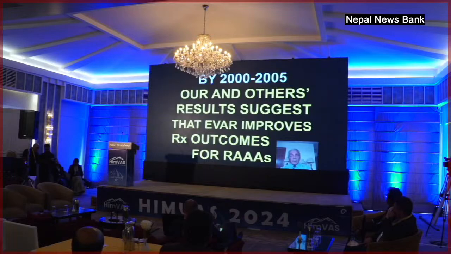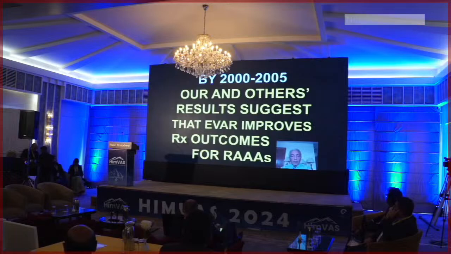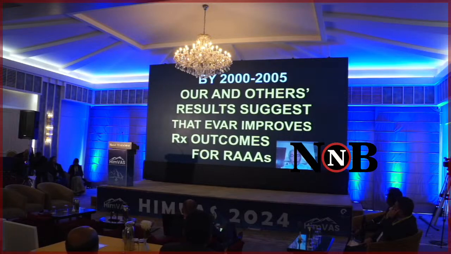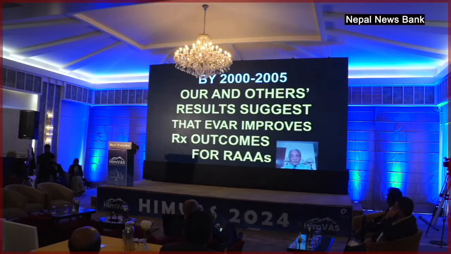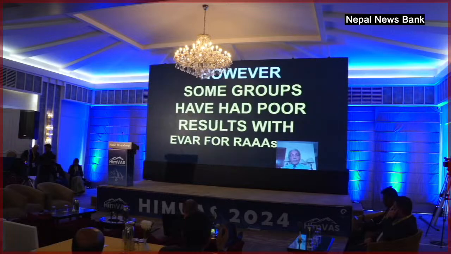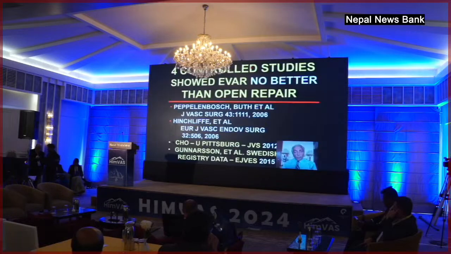So by 2000 to 2005, our and some other rare centers' results suggested that EVAR improved treatment outcomes for ruptured AAAs. However, some groups have had poor results with EVAR for ruptured AAAs. Notably, 4 controlled studies showed that EVAR had no better results than open repair.